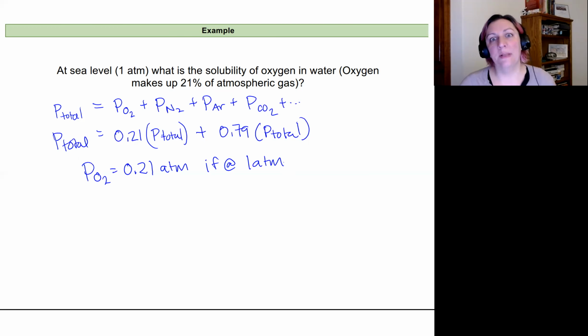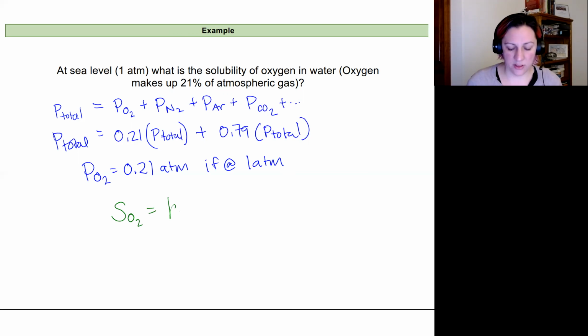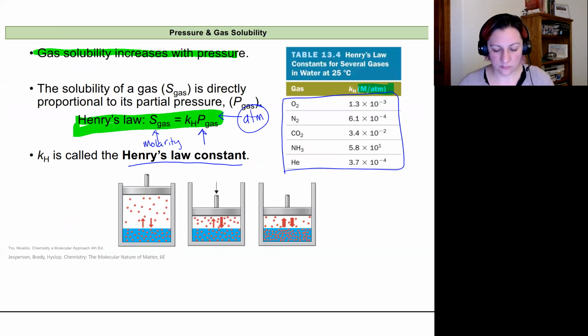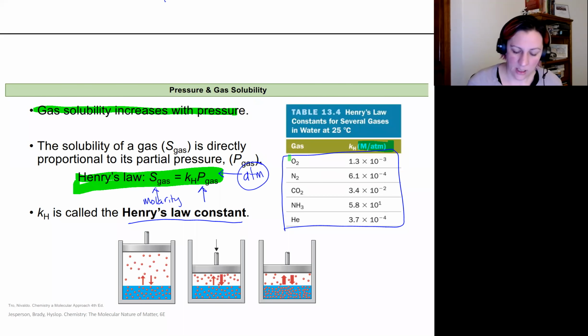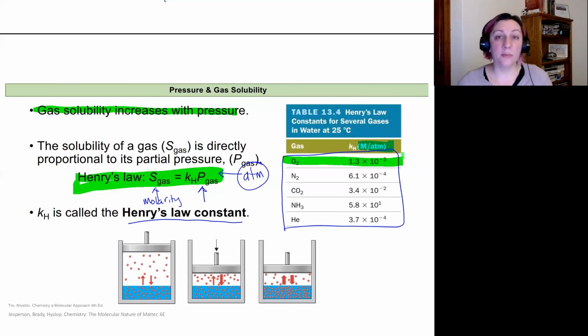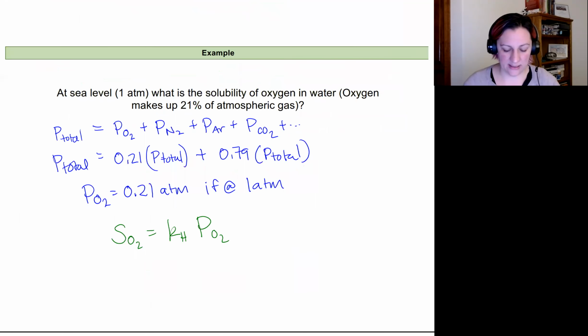So what would be the solubility of that oxygen in water? The solubility of our O2 is going to be equal to Henry's constant times the partial pressure of our oxygen. So we're going to need Henry's constant. Coming up to our table right here, we can see that oxygen is 1.3 times 10 to the negative 3. Let's write that down here.